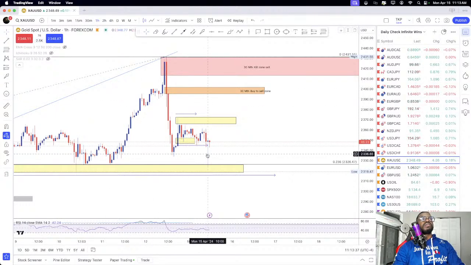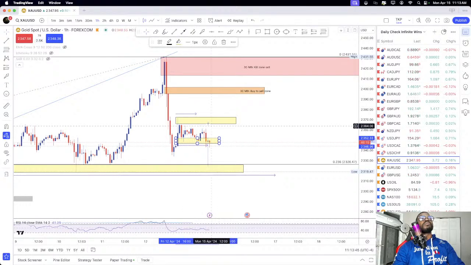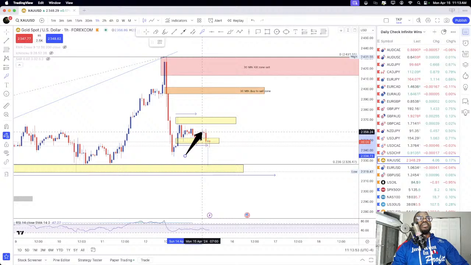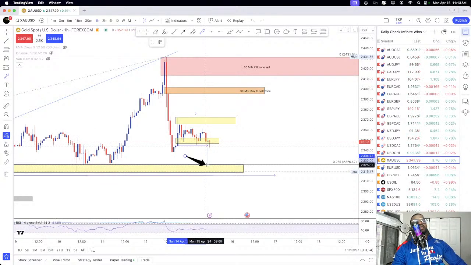And this is also another example about those wicks that I was telling you about. Let's say you thought price was about to buy at this micro level of support right here. You were in that buy, and 9 o'clock hit, and it just took your soul.